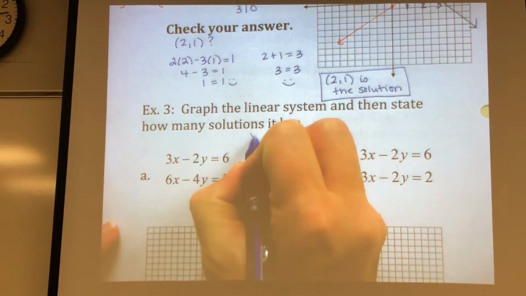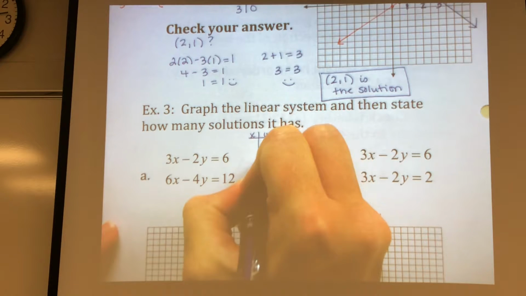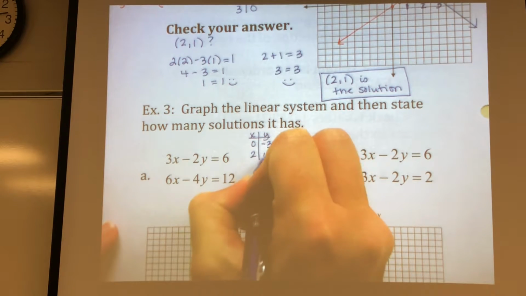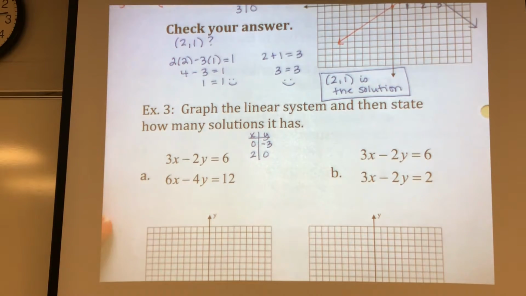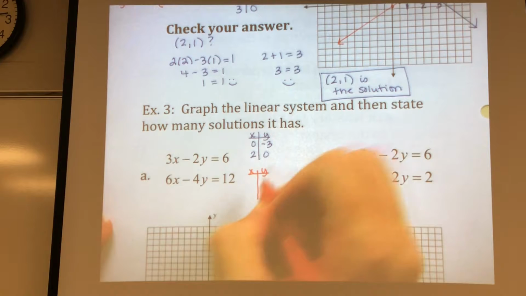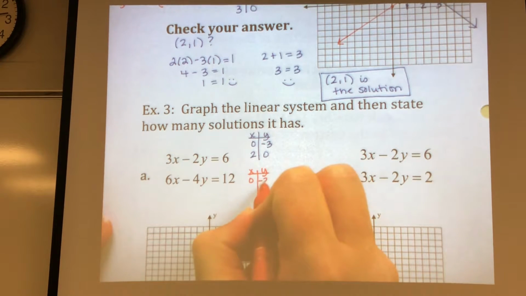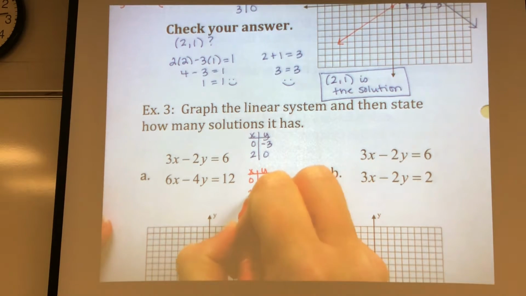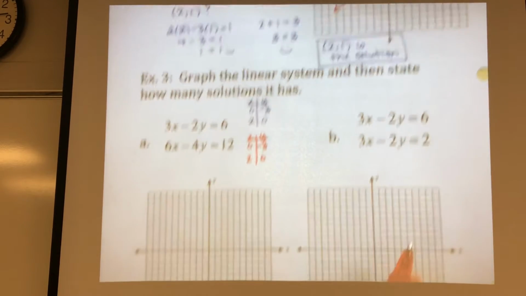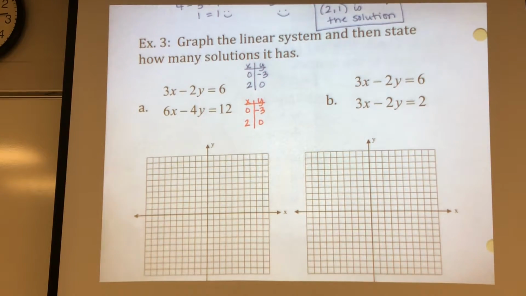All right, on part A, we have 0, -3 as our y-intercept and 2, 0 as our x-intercept. For the second line, we have 0, -3 as our y-intercept and 2, 0 as our x-intercept. You might notice something interesting going on there.